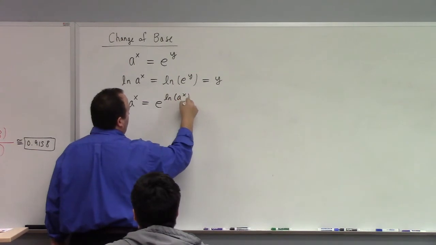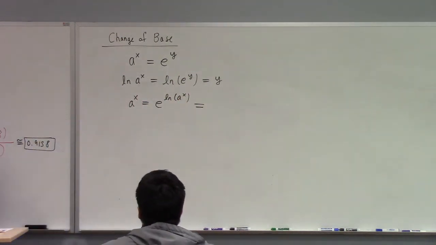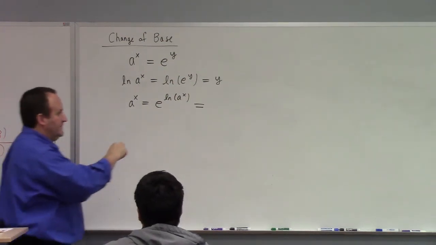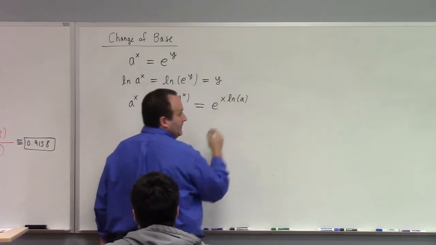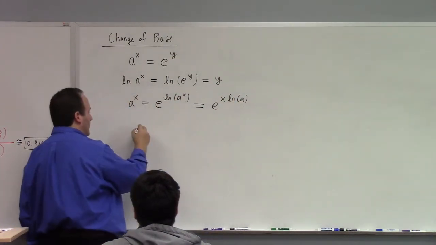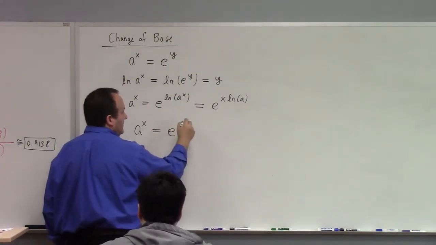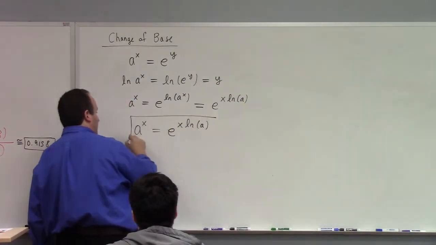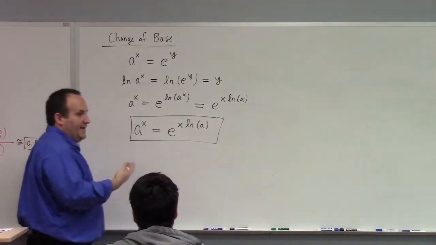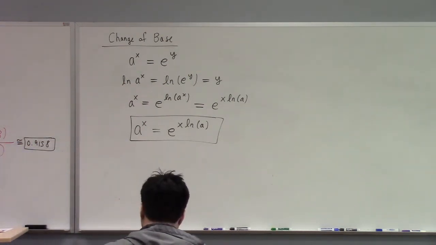But I can do better than that, right? What is natural log of a to the x? I can pull the x out, so that's e to the x log a. So here's a fun formula: a to the x we can rewrite as e to the x times the natural log of a. So any exponential function can be repackaged as the natural exponential times the log of the base.